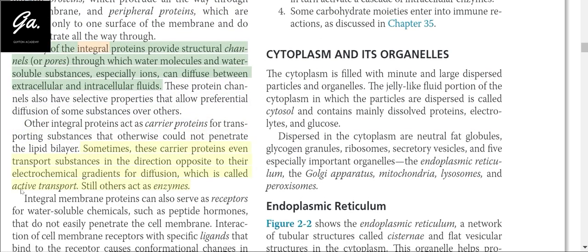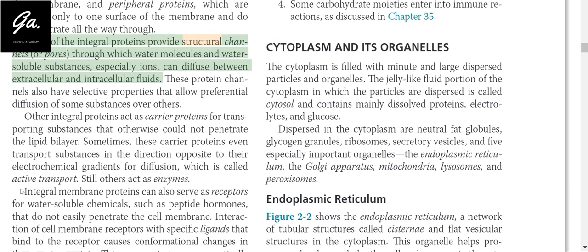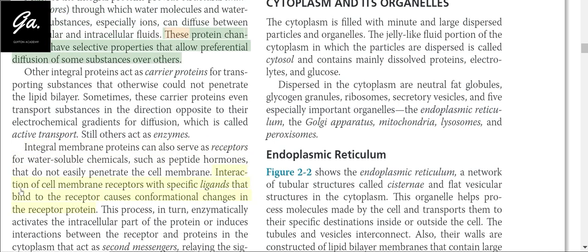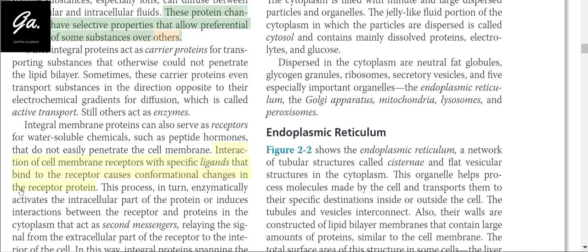Many of the integral proteins provide structural channels through which water molecules and water-soluble substances, especially ions, can diffuse between extracellular and intracellular fluids. These protein channels also have selective properties that allow preferential diffusion of some substances over others.